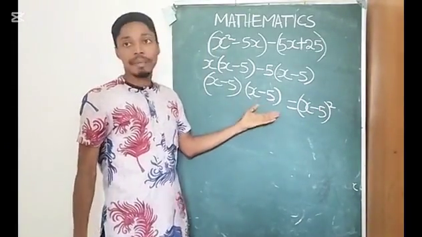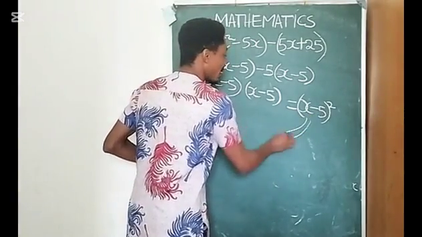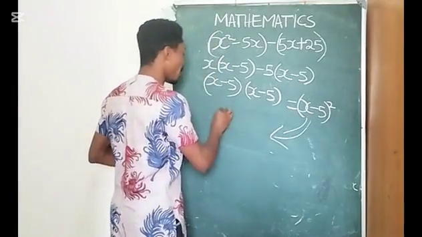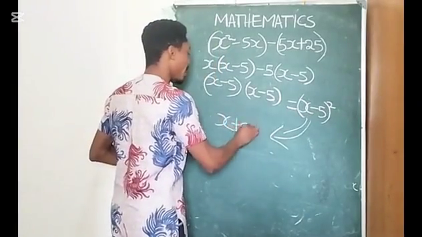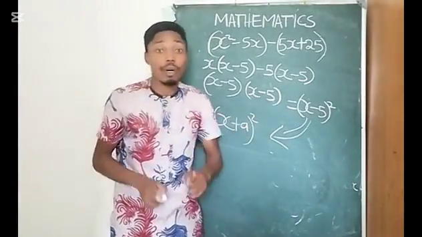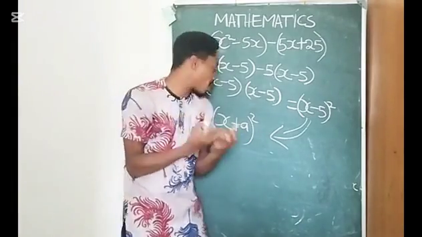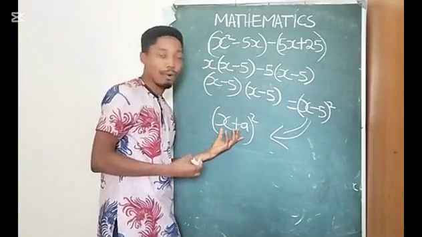Comparing this, you will agree with me that it is of the same form as (x plus a) all squared. Remember I said that the factor of a quadratic expression that is a perfect square is of this form.